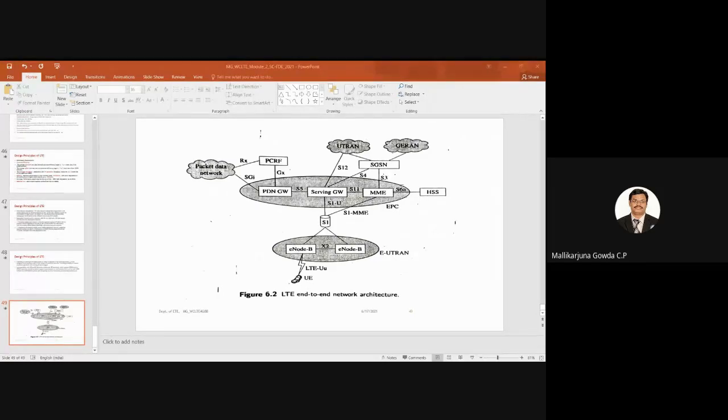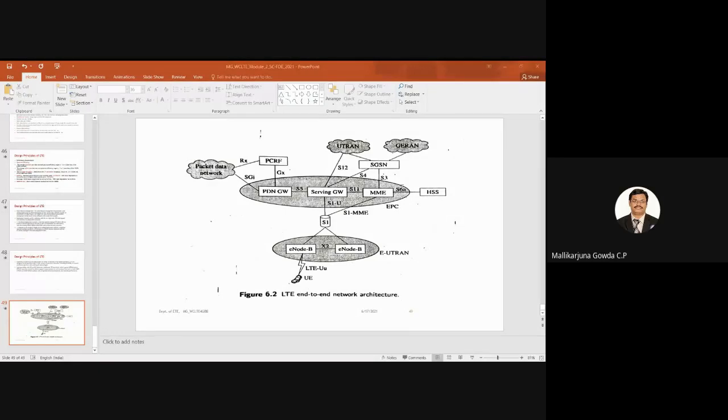If there is no active participation, it won't give any meaning. Yes, Chaitra? For routing and forwarding the data packets, the serving gateway will be doing the routing and forwarding of the data packets to the user equipment.